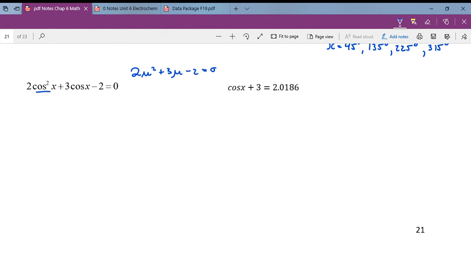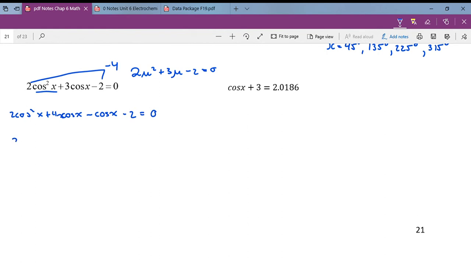Or if you're okay with there being a cos in there, just go for it. So we're looking for a number that multiplies to give me -4 and adds to give me +3. So I'm splitting my middle term up into positive 4 cos x, minus 1 cos x. So 4 minus 1 is 3. 4 times -1 is -4.